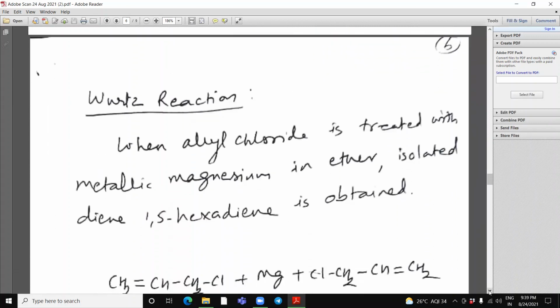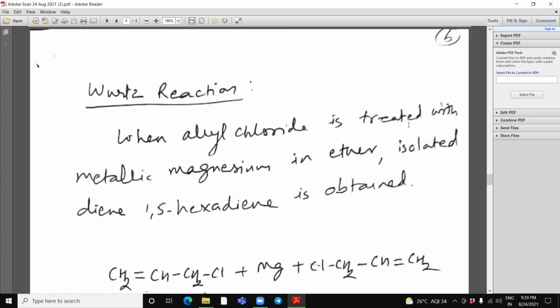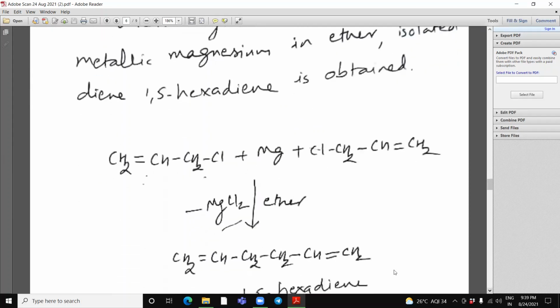Wurtz reaction. When allyl chloride is treated with metallic magnesium in ether, isolated diene, 1,5-hexadiene, is obtained. See here, this chloro compound, we can take a halogen compound.